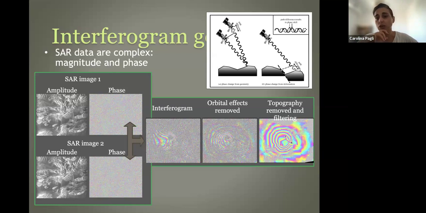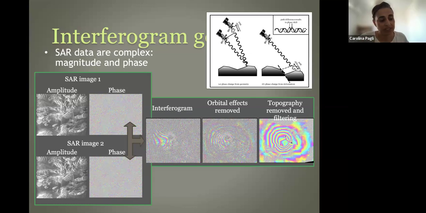Therefore, there will be something like a stereographic effect. All these effects need to be removed, and this is routinely done in the production of a common interferogram. At the beginning, you have something that looks like that, with lots of contributions. Then the corrections start being made, removing the orbits and the topography, until finally we have a product that's clean enough and can be interpreted in terms of ground motion.